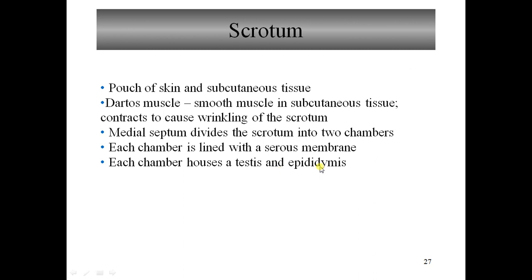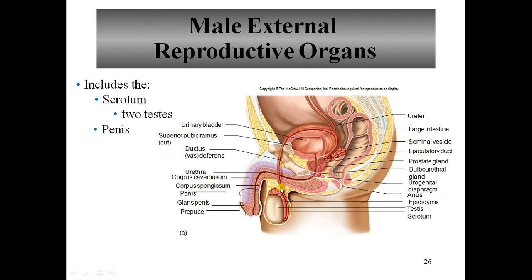If you see the structure, this is a testis and it is covered by the scrotum. On the scrotum there are dartos muscles, which wrinkle the skin of the scrotum during cold conditions, and the scrotum is divided into two chambers.